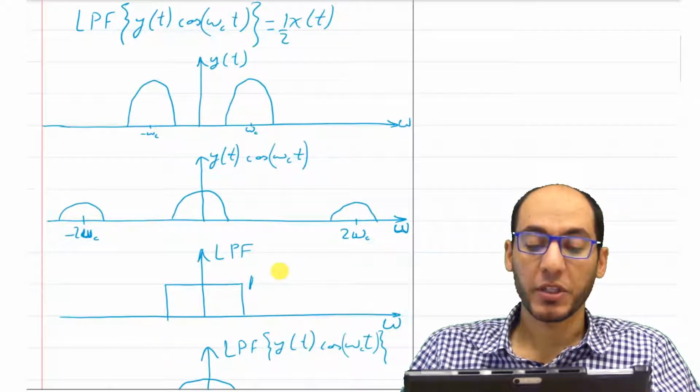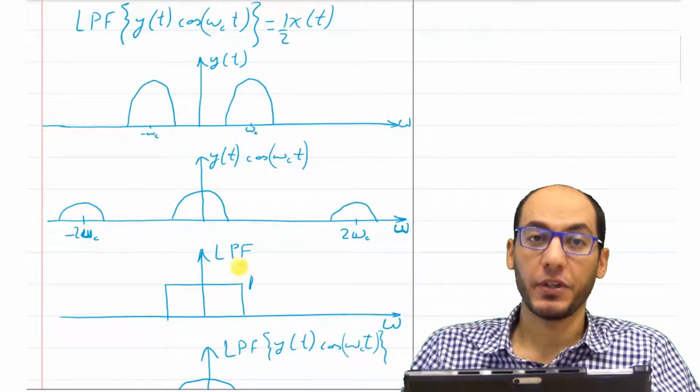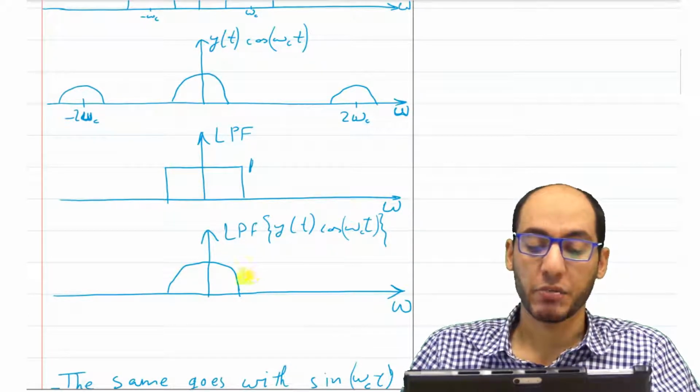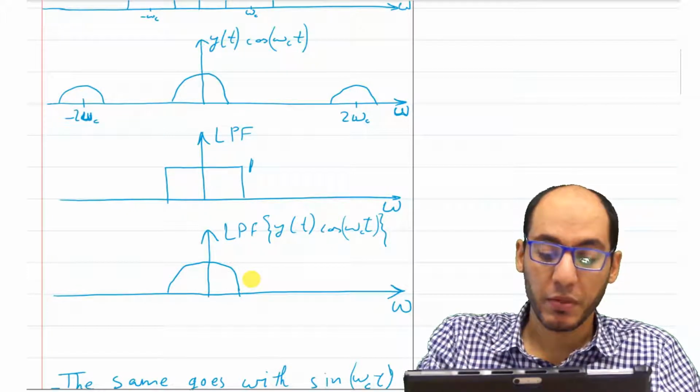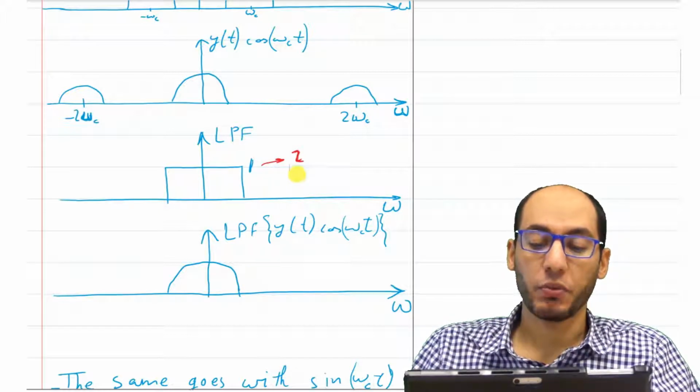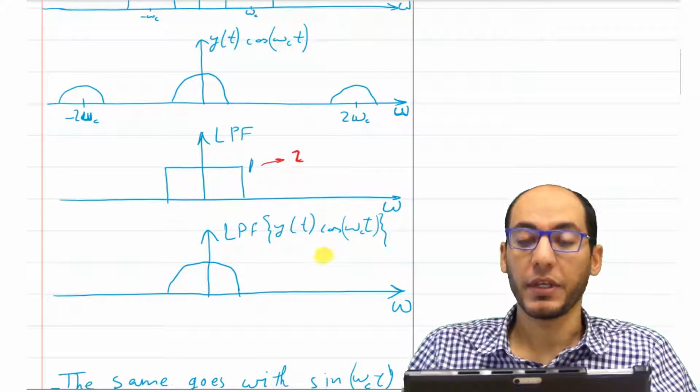If I pass this through a low pass filter, then I'm going to obtain the x of t subject to a factor. And sometimes we put here a gain of 2, so we increase the gain of the low pass filter so that we can get rid of the half.